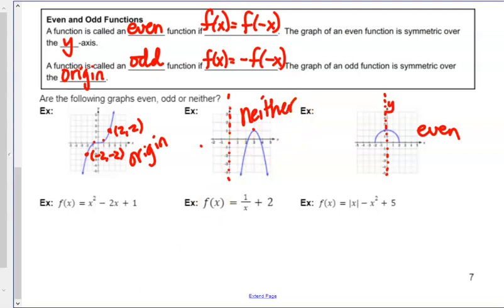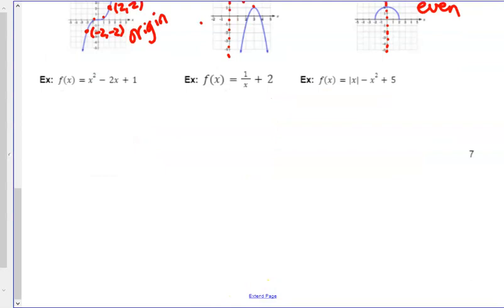Now, if I give you a function, can you tell by using the property of f of negative x what that is equal to if we're going to have even or odd functions? Well, we can do that. The reason we have to do it by a function is we have to plug in that negative x. So I get negative x squared minus 2 times negative x plus 1.